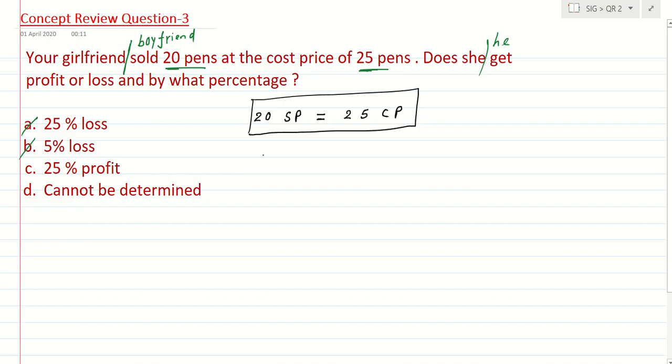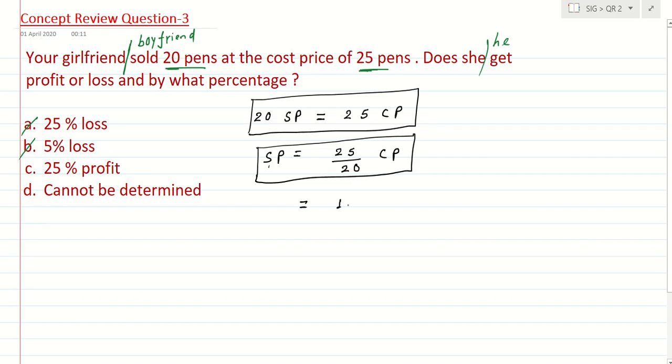Now can I say here SP equals 25 divided by 20 CP? Yes or no? What is SP? Final value. What is CP? Initial value. Correct.